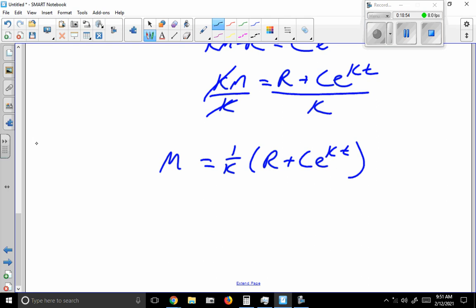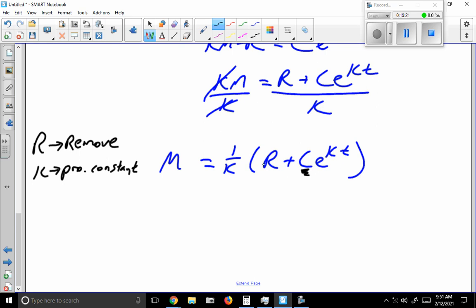So remember r, that's how many pounds or what mass of fish we're removing. k is our proportionality constant. c is just a constant of our integration.